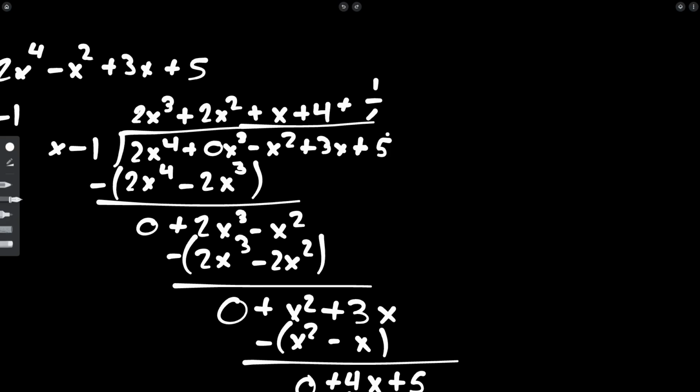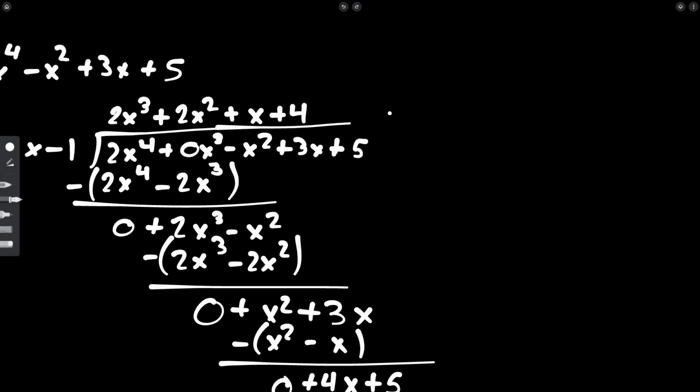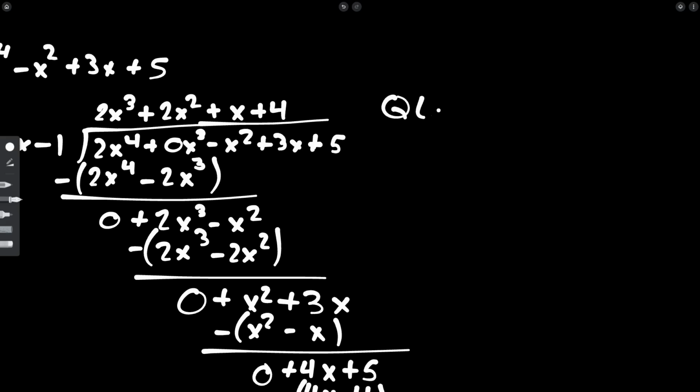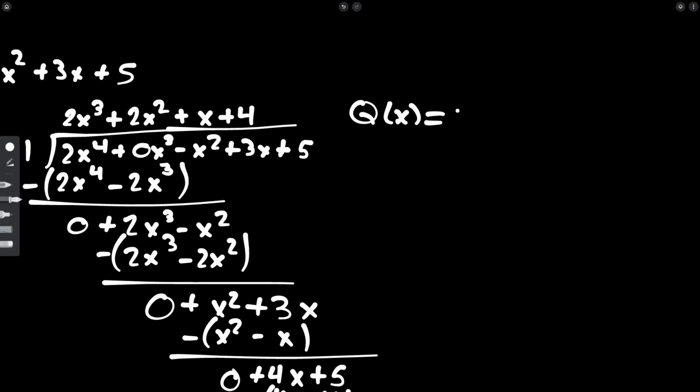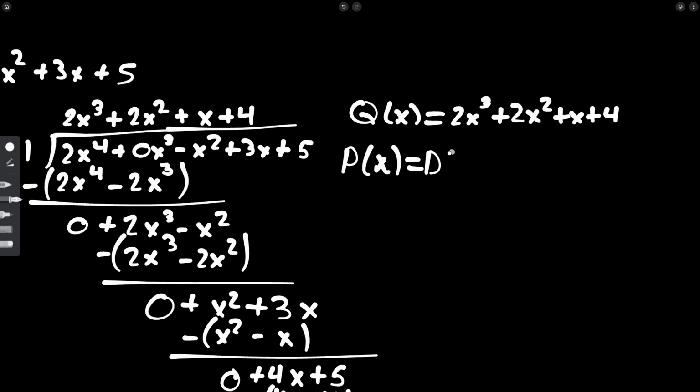So how you would just end this problem is by writing q of x equals 2x cubed plus 2x squared plus 3x plus 4. And then for p of x, it was asking for the form p of x equals d of x times q of x plus r.